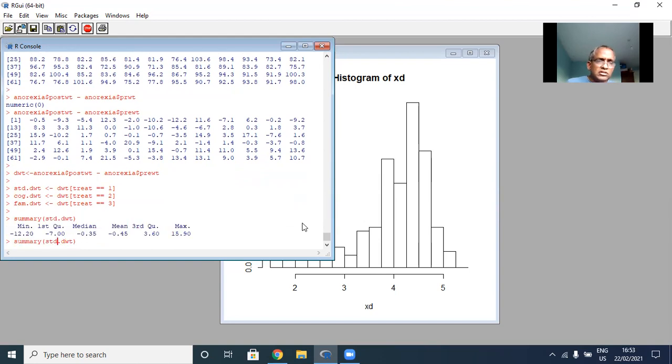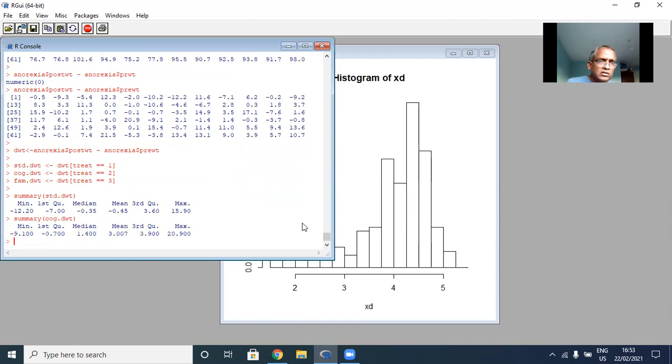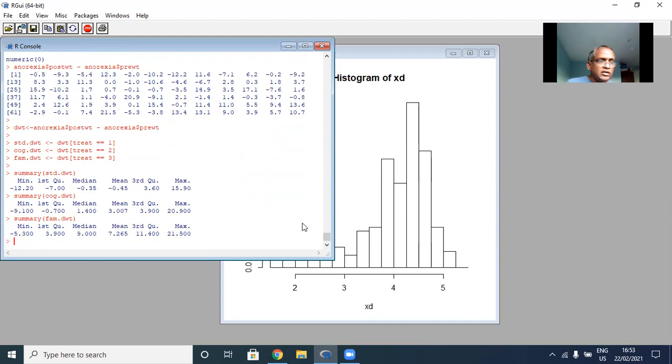This is the summary statistic for cognitive treatment. That's treatment number 2, and this is when treatment number 3 is applied. And from these 3 summary statistics, you can see which one is most effective, because the one that is most effective is the one that has the largest median, which is treatment number 3, right?